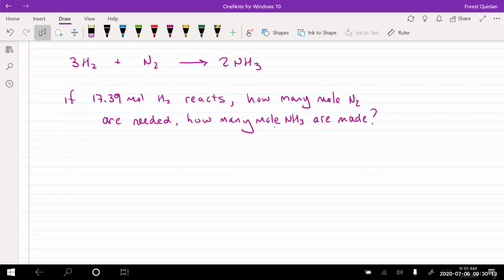First question asks us for moles of nitrogen, so I'm going to put moles of nitrogen on the left. And we'll put our 17.39 moles of hydrogen on the right. Once again, we'll take care of our units first. Moles of hydrogen go on the bottom, moles of nitrogen on top.